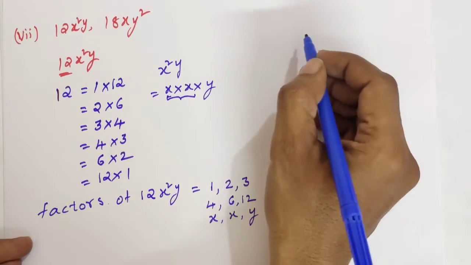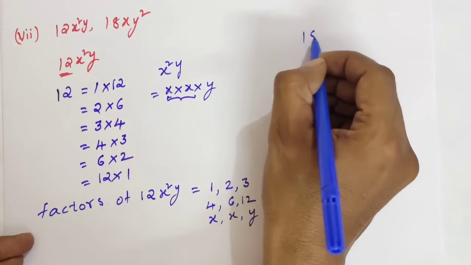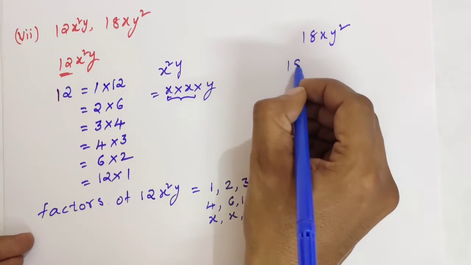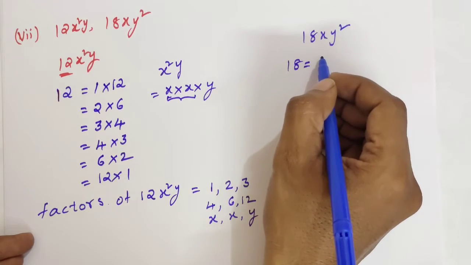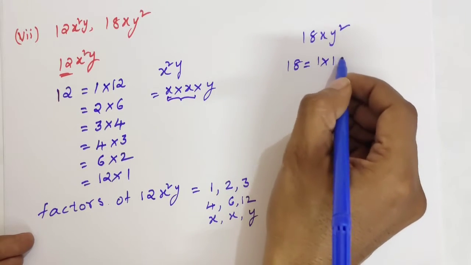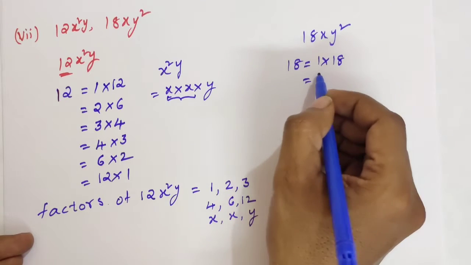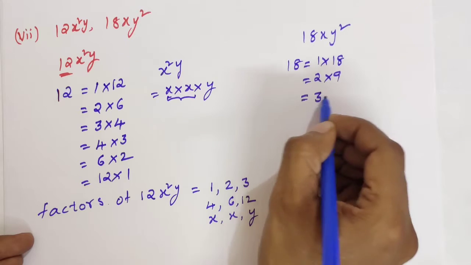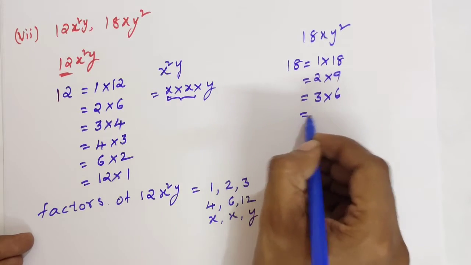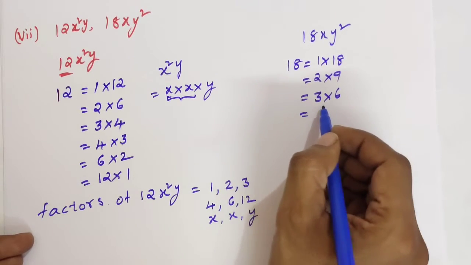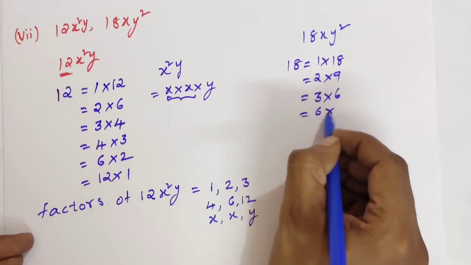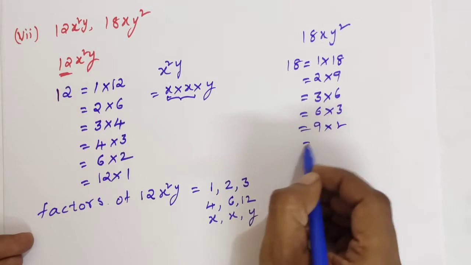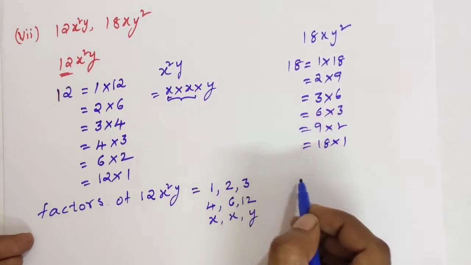Okay, now go to the next one, 18xy square. In this also first take the numeral 18 and write the factors: 1 18 0. Again by table 2, 2 9 0, by table 3, 3 6 0, and table 4, table 5 is not going, so again reverse it: 6 3 0 and then 9 2 0 and the last 18 1 0.